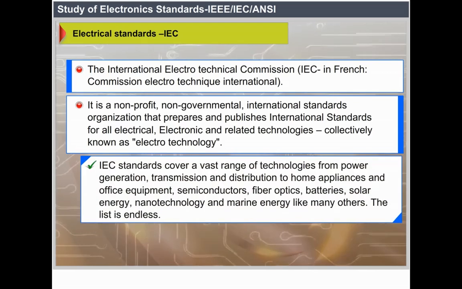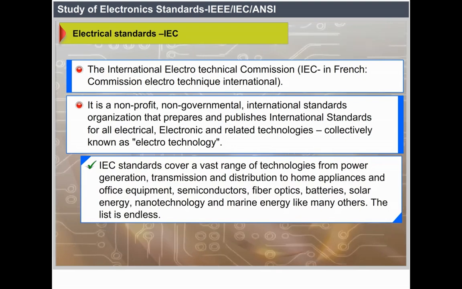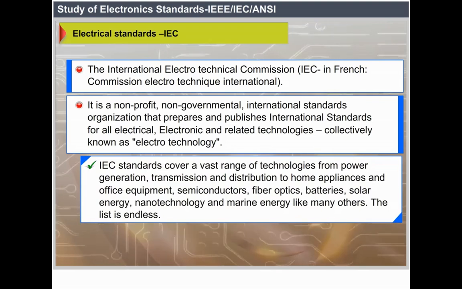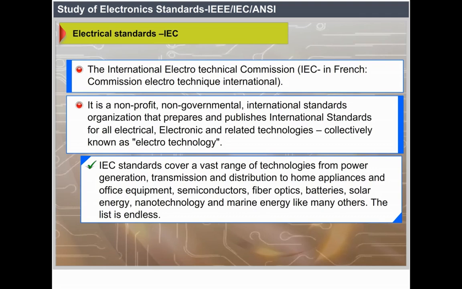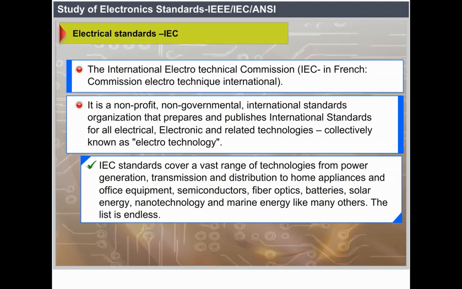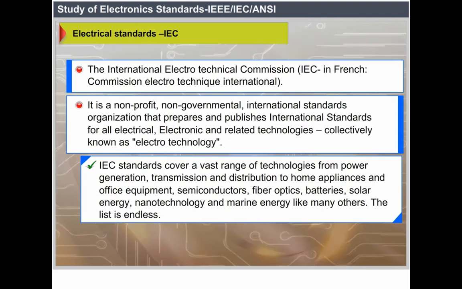IEC standards cover a vast range of technologies from power generation, transmission, and distribution to home appliances and office equipment, semiconductors, fiber optics, batteries, solar energy, nanotechnology, and marine energy, as well as many others.